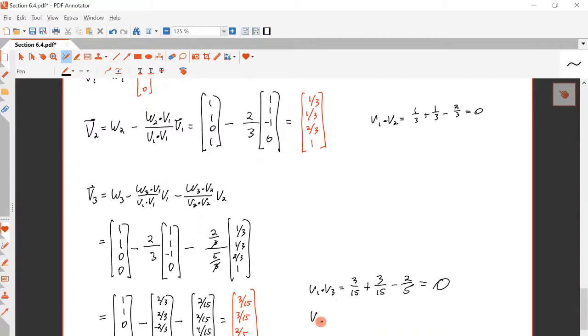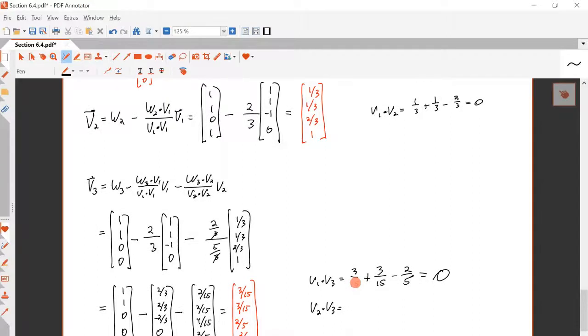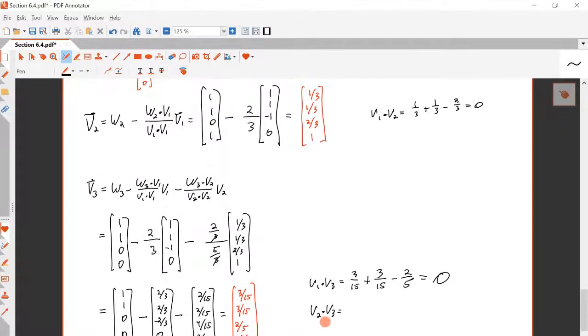And then V2 dot V3 is going to be 1/3 times 3/15, that's 1/15. 1/3 times 3/15, that's 1/15. 2/3 times 2/5, that's 4/15.